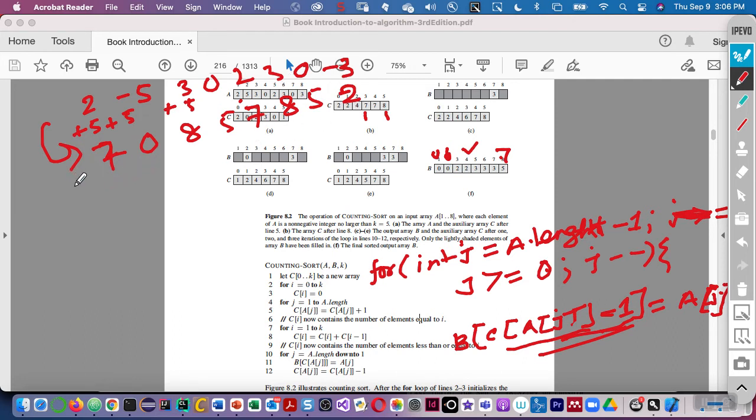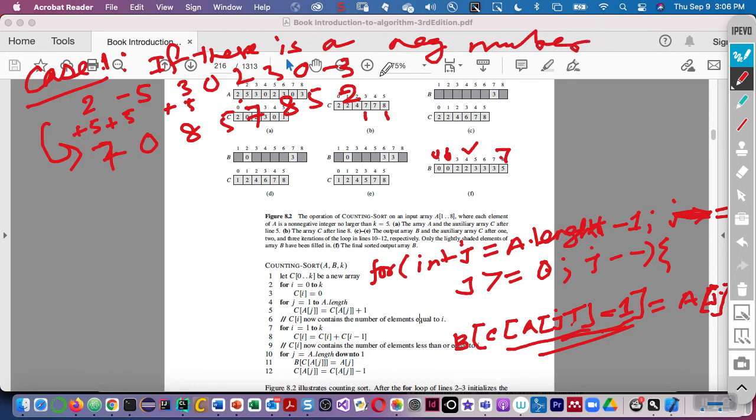This is a way of twisting for negative numbers. This is case 1, if there is a negative number.